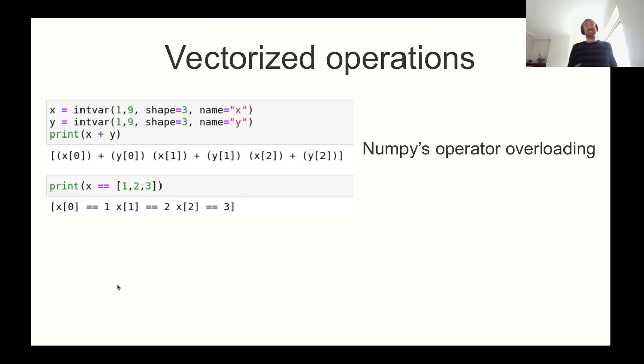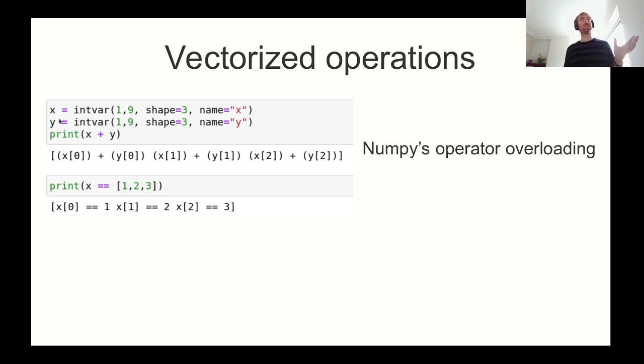And that's one thing that will be convenient, but another nice thing is that in Numpy, there is this central concept of vectorized operations. Vectorized operations means that you don't have to write out all of your loops. You can just do operations on vectors if they have compatible shapes, if they have the same shape.